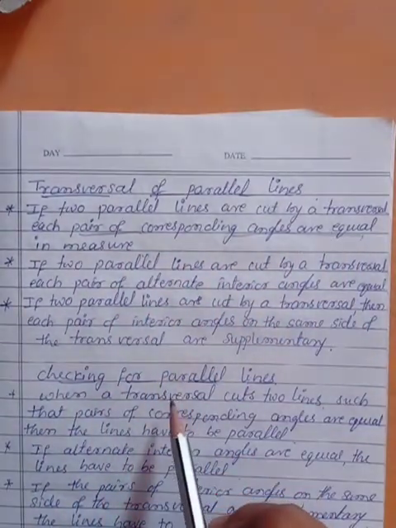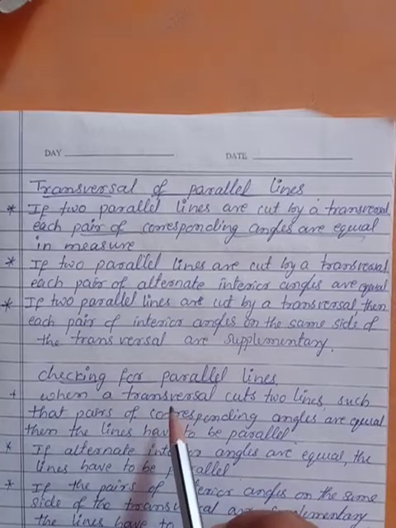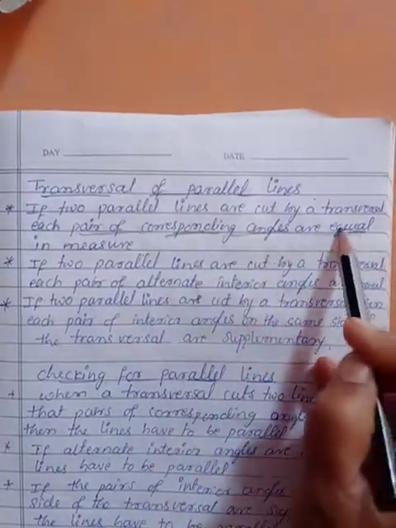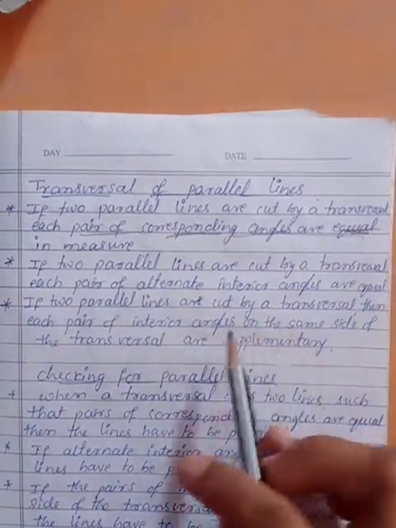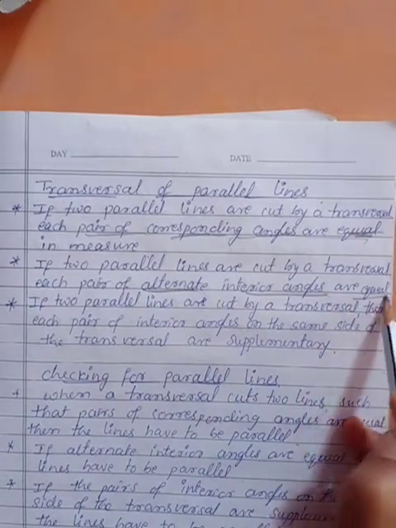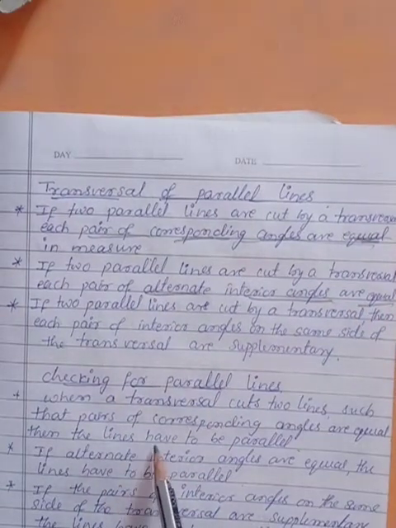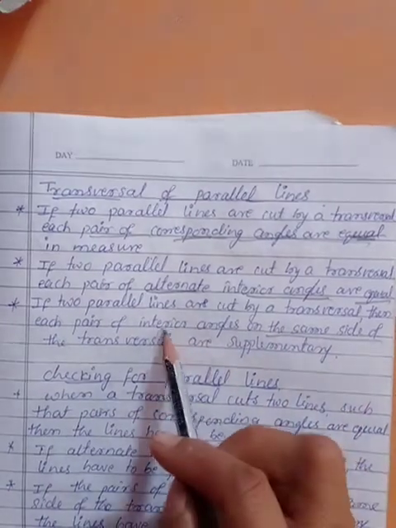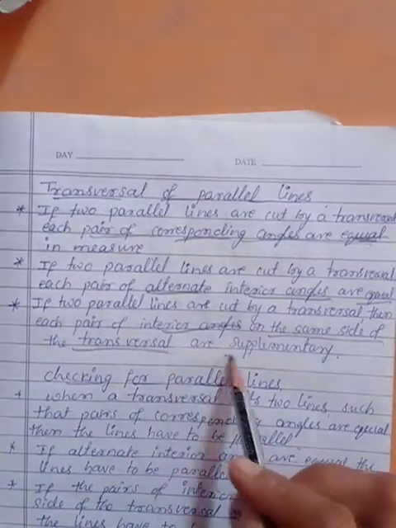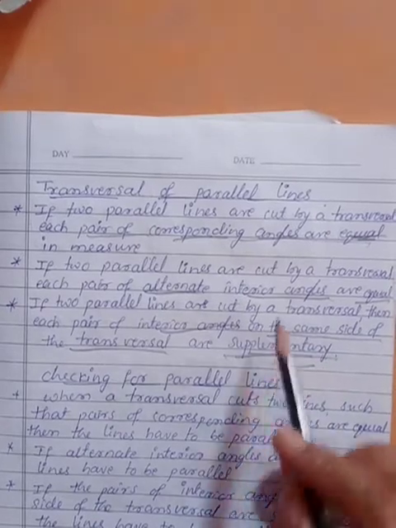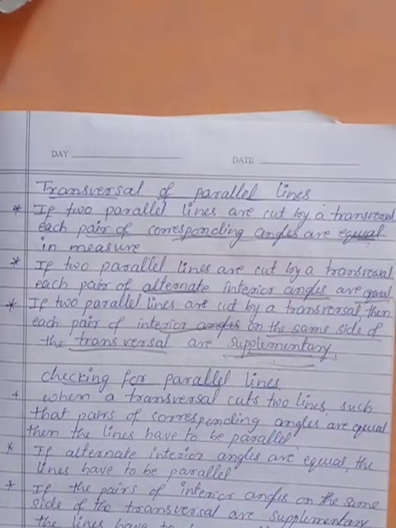So when parallel lines are cut by a transversal, the corresponding angles will be equal. The next thing is, alternate interior angles are also equal. The third point we should know is, the interior angles on the same side of a transversal are supplementary. These are the 3 points we have to keep.